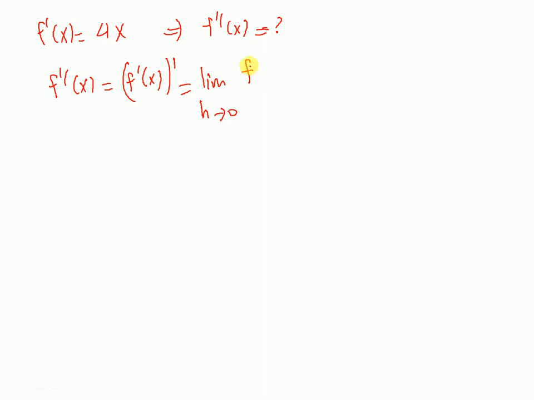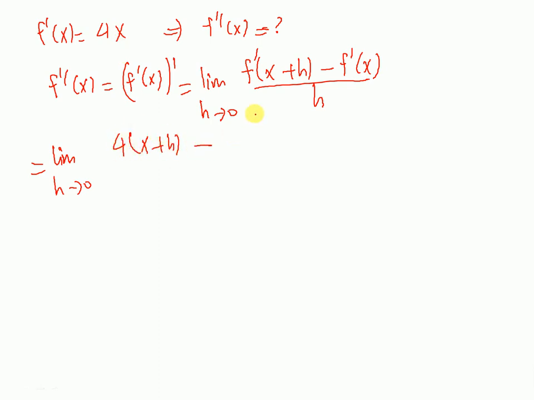F now becomes f prime because we are taking the derivative of the first derivative. So f prime of x plus h minus f prime of x over h, and this is going to be equal to the limit as h goes to 0. F prime is here, which is 4x. So wrap this whole thing, plug into x: 4 times x plus h minus f prime, which is 4x, right?